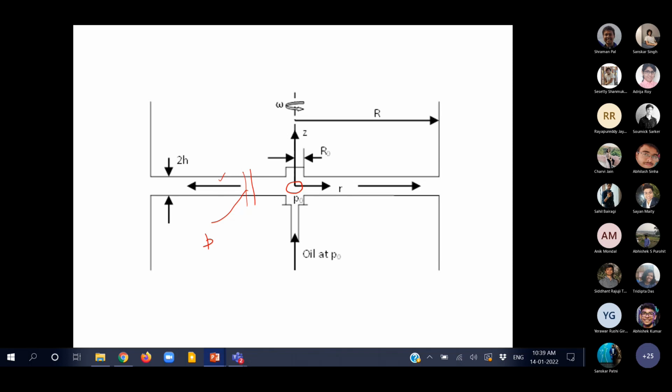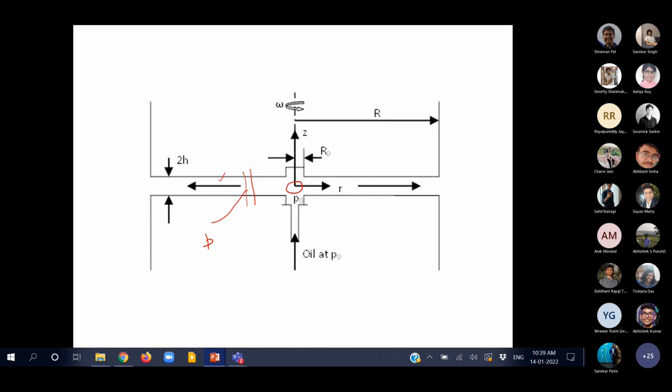Sir, weight of the fluid? Weight of the fluid, no, that doesn't matter. But did you identify all the forces? I mean, all the pressure related forces in this? Sir, I was thinking that maybe because the top plate is moving, there will also be a force because of this rotation.